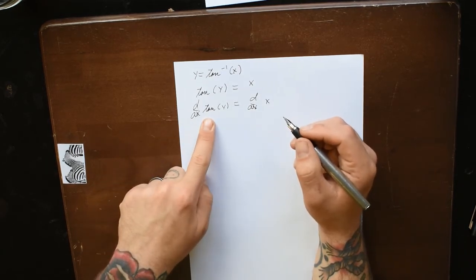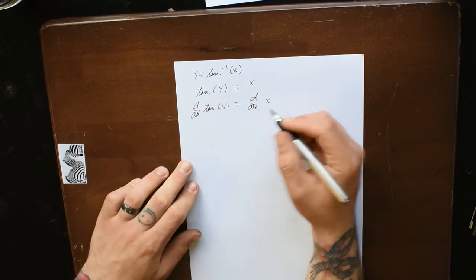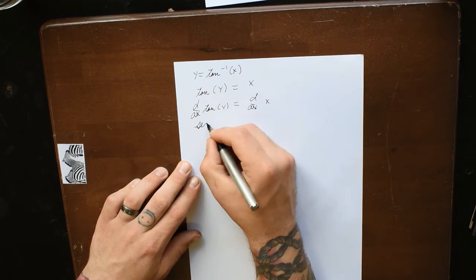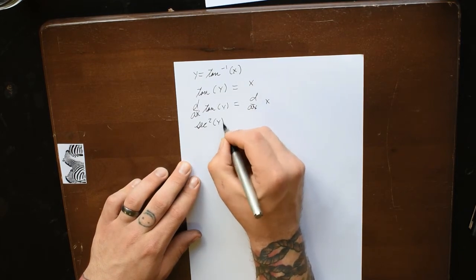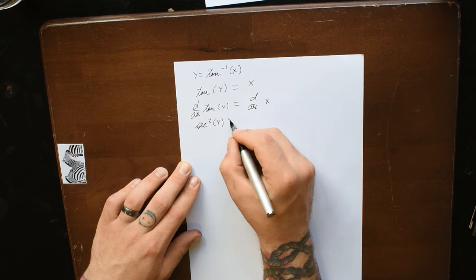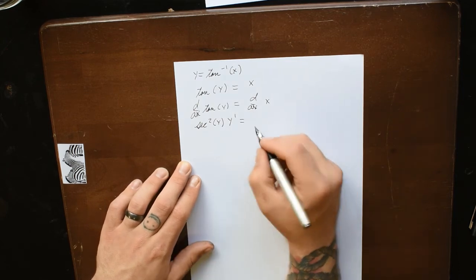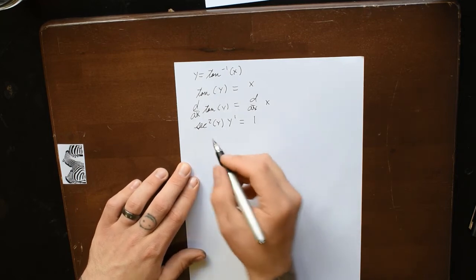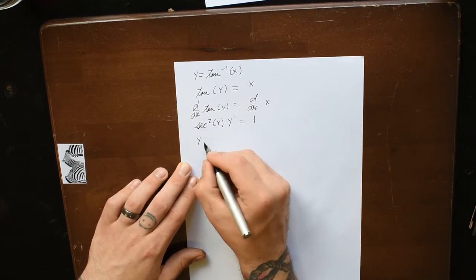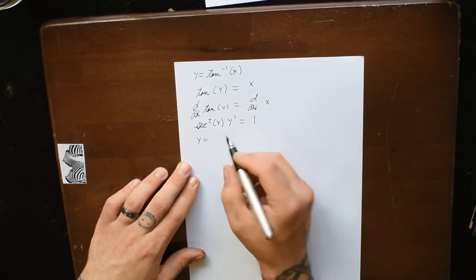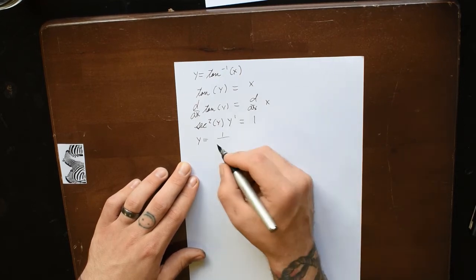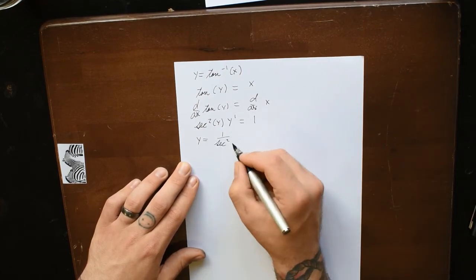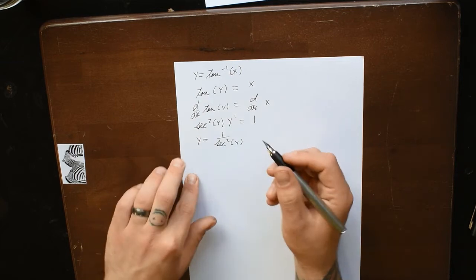The derivative of tangent is secant squared, so we get the secant squared of y times the derivative of the inside has to be equal to the derivative of the right-hand side. Dividing the secant squared off, we get y prime is equal to 1 divided by the secant squared of y.